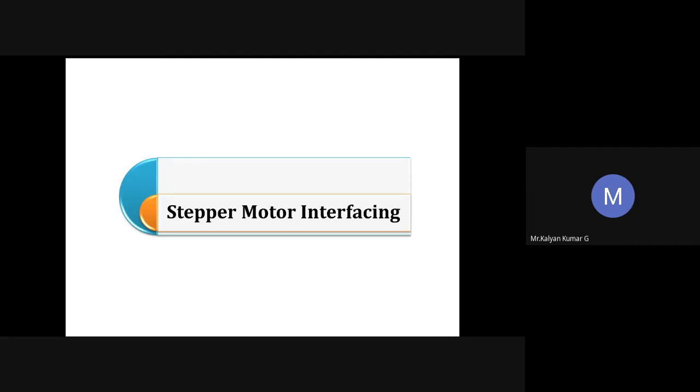Yeah, very good, superb. Rotor and stator. I was expecting these two only. So we usually have two main parts: one we call the rotor, the other is called the stator.